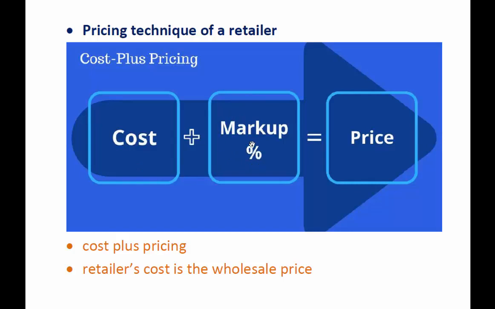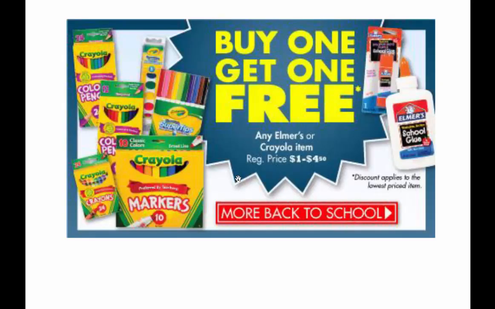Let us repeat once again. Markup is the amount that is added by a retailer so that he will earn some profit out of selling the commodity or the item from his retail shop, or in the retail market. That is what we call price. This is a technique that they use. They also have another technique, buy one get one free.